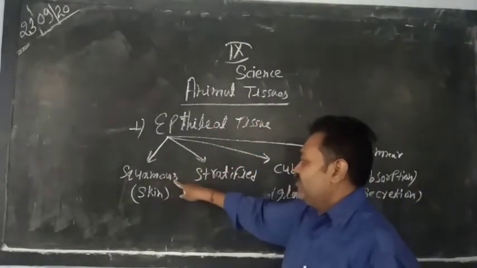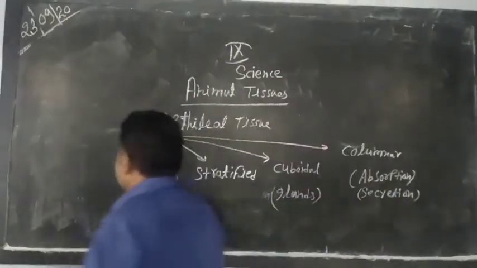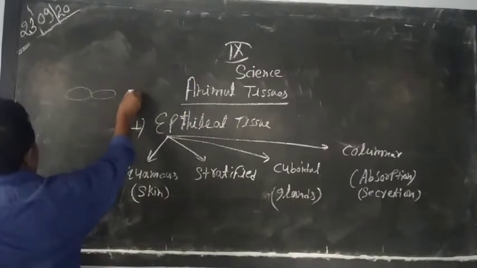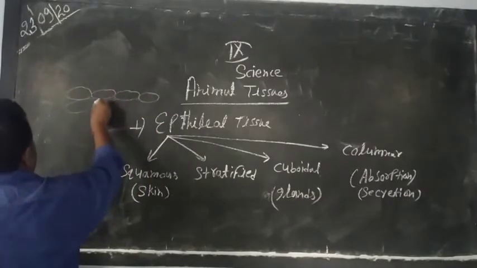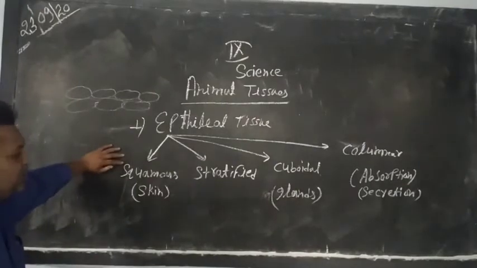First one is squamous, second one is stratified. If this tissue has one layer or two layers, then it is known as squamous tissue.